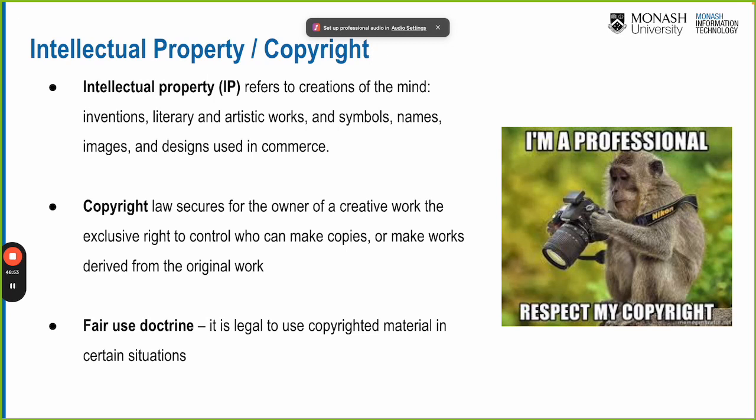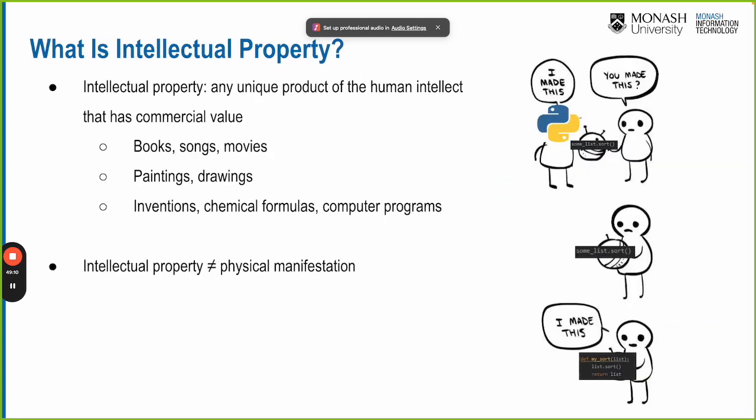Normally for each asset, creation, or artifact, software whatsoever, there is also a fair use doctrine. That means it is legal to use copyrighted material in certain situations. It really depends on what license or copyright is allowed.